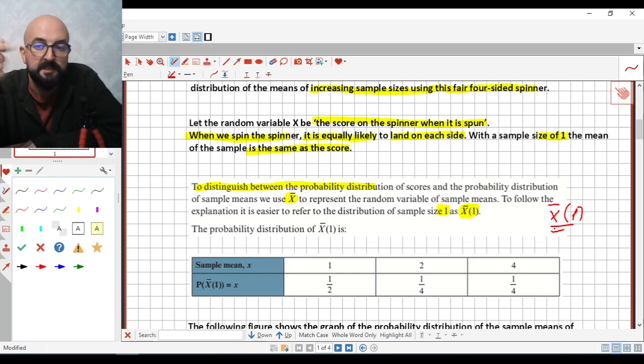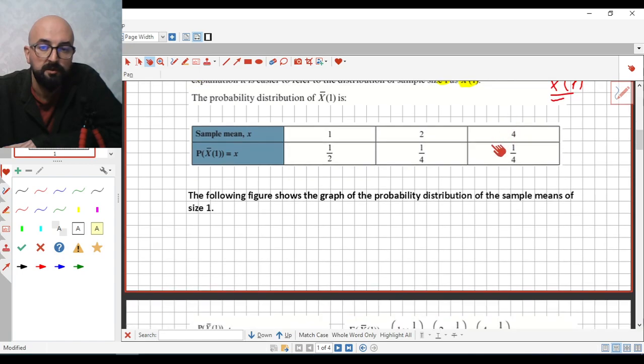If you spin the spinner 3 times, your sample size becomes 3. Okay, and if your sample size is 1, please remember the sections of the spinner: 1, 1, 2, 4.